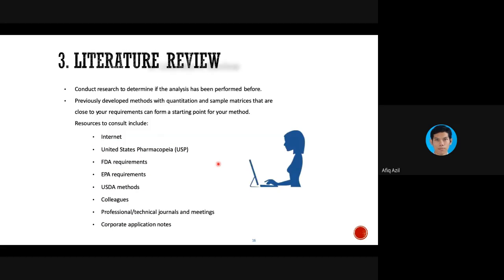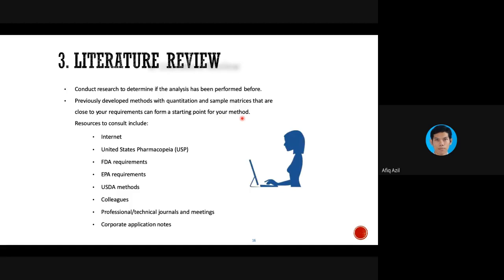Then you have to conduct your literature review. Literature review means, based on the first few slides, like all of those standard methods, you can refer to any previously developed methods, with quantitation and sample matrices that are close to your requirement and can form a starting point for your method.